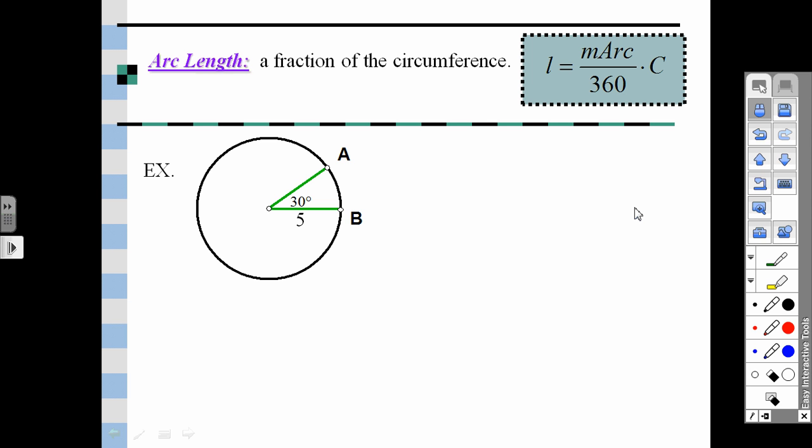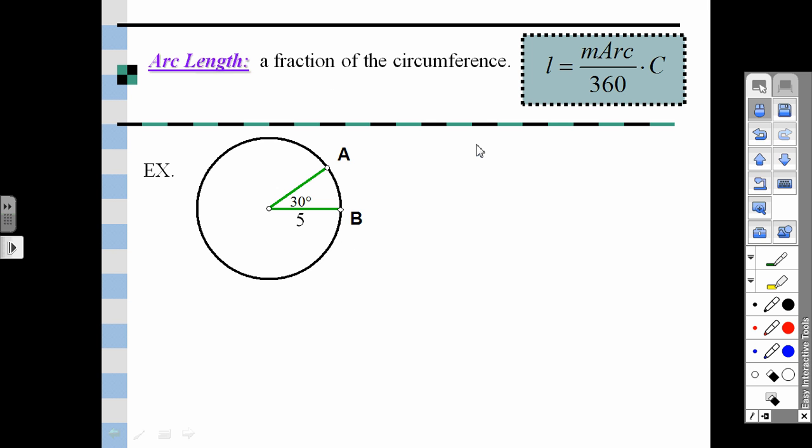But the arc length is kind of considered the distance that you would travel walking on the circle from one point to the next, if that makes sense. So we kind of think of it as a fraction of a circumference.